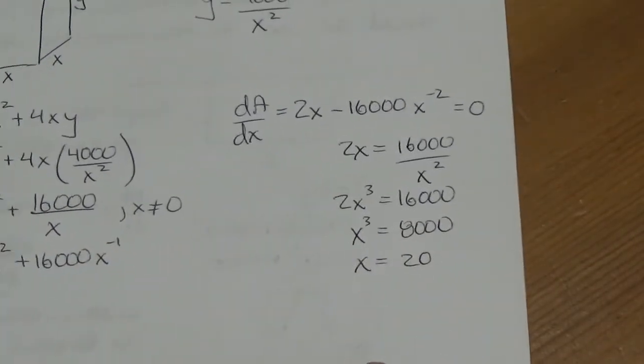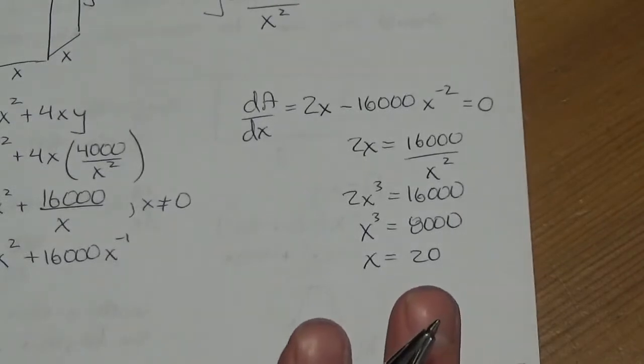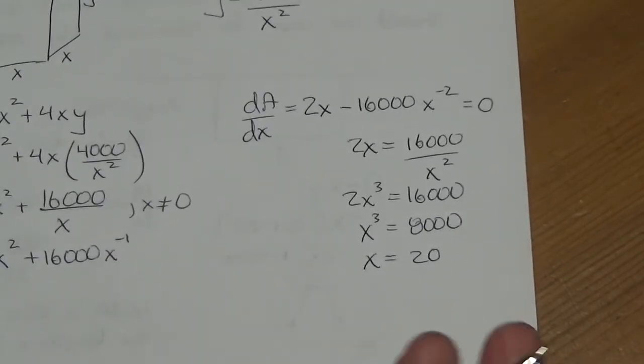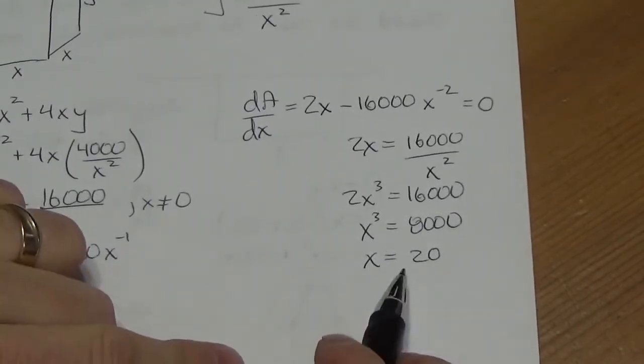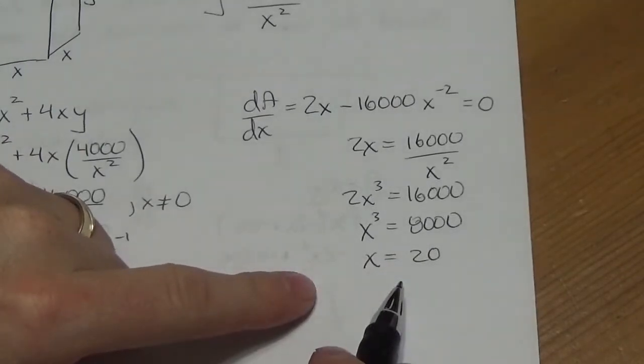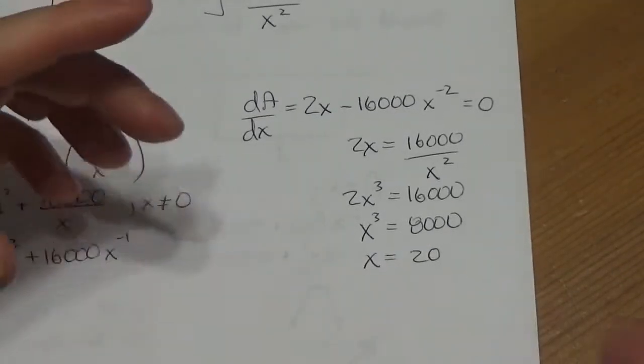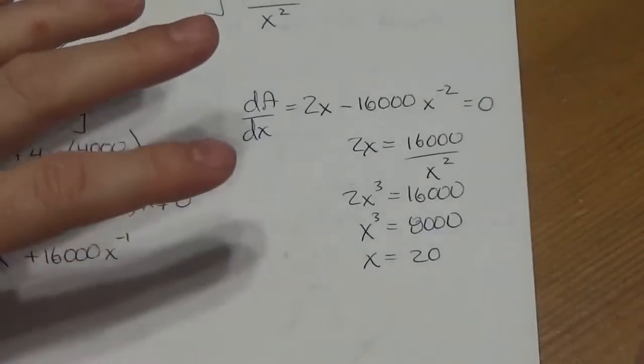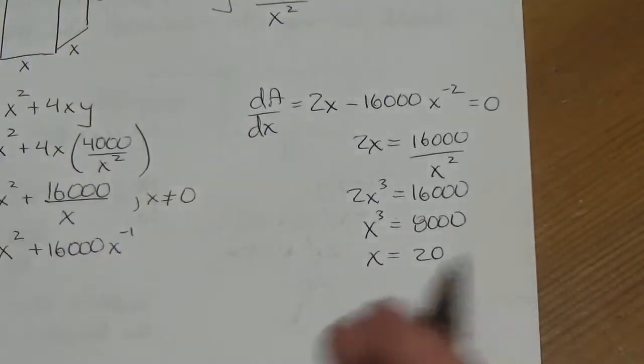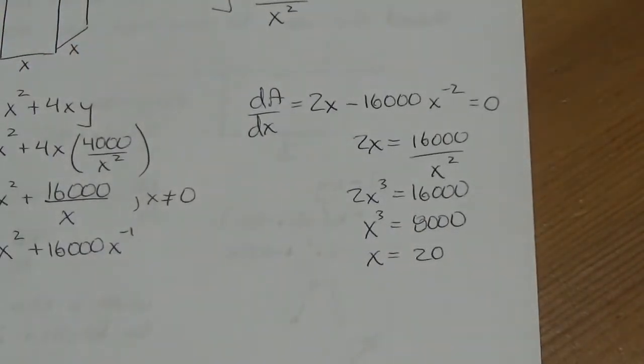Wonderful. Except for one little thing, and that little thing is, I don't know that that's actually a minimum. Now I haven't figured out the y coordinate yet, and I will in a bit. But unlike the previous question, I don't know prior to this point here, is this actually a minimum?